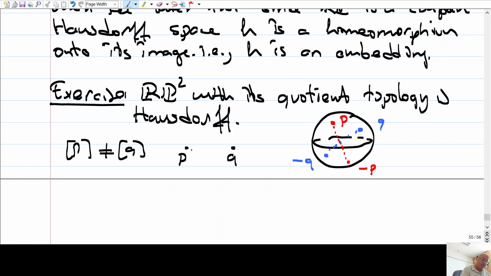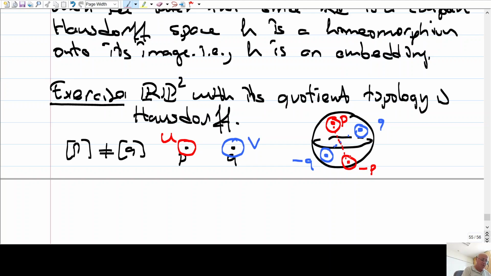Now I have to find open sets around Q and P so that these open sets are disjoint. I will choose V like this, and U like this. They will be disjoint if I choose these open sets small enough.